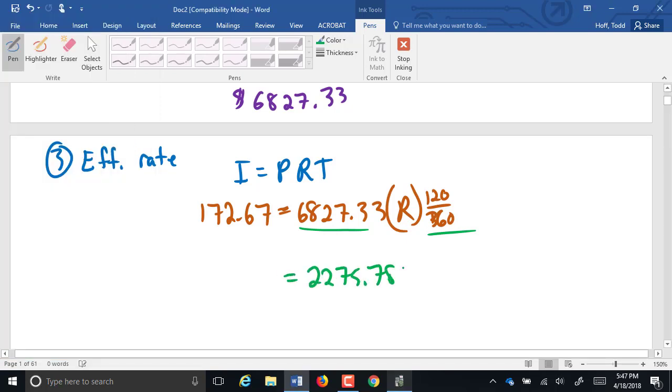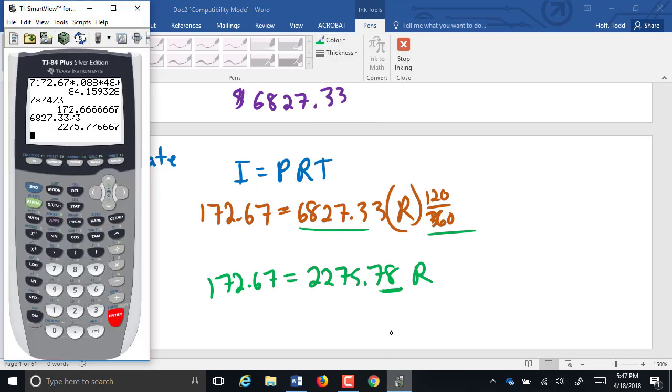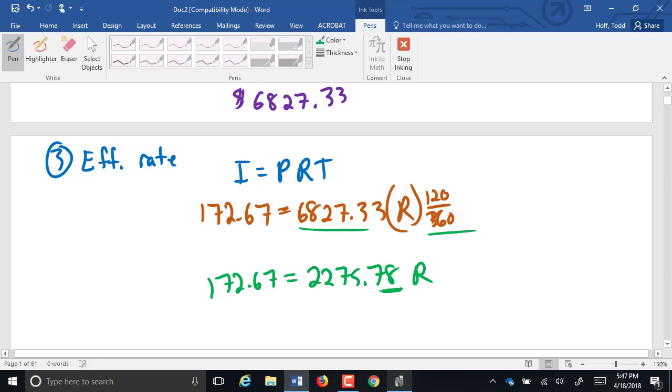Now again, this is one where I'm going to keep this in the calculator, because if I were writing it down and typing it back in, I'd want to go for 5 or 6 decimal places there. So now I need to divide by that 2275.78.